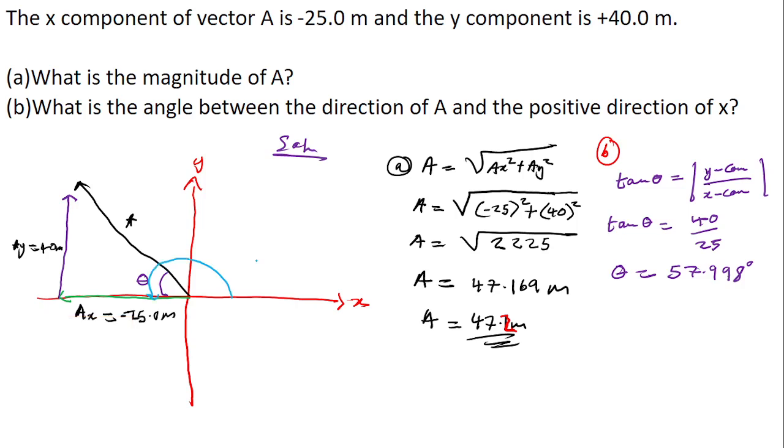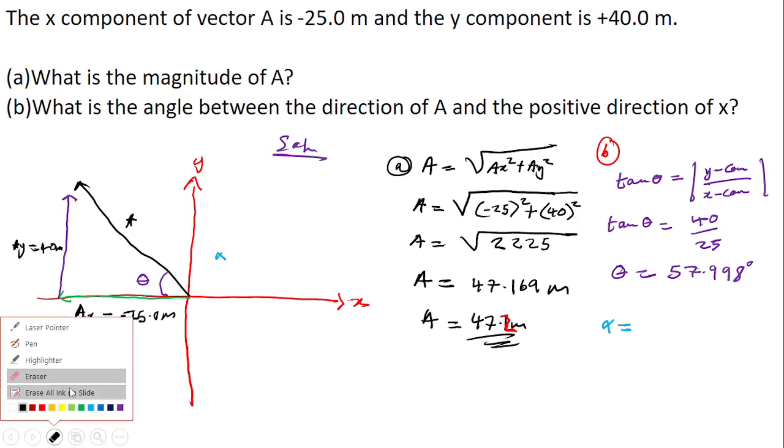So this is the angle and we can treat it as alpha. Not that which I've drawn there, it's wrong. And it's not 57.998, but it's 57.995. Okay, given that.